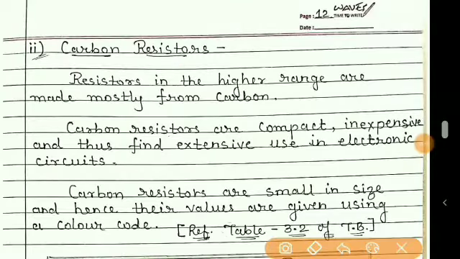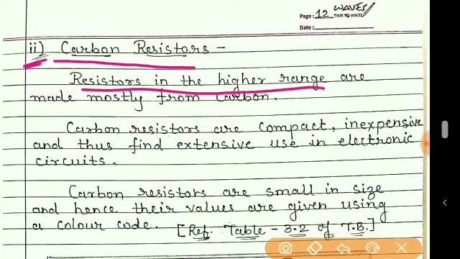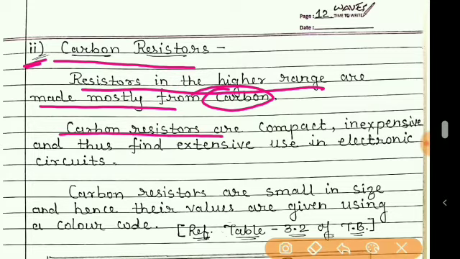Second is about carbon resistors. Resistors in higher range are mostly made from carbon. These carbon resistors are very compact, they are inexpensive and they have widespread use in electronic circuits.